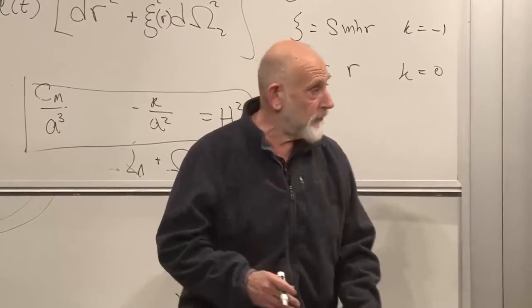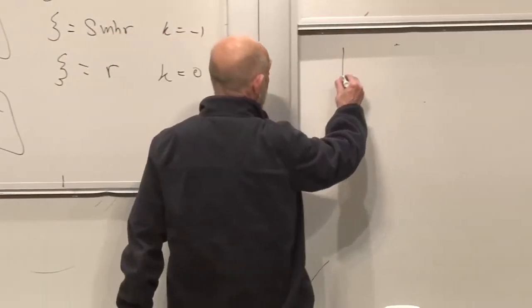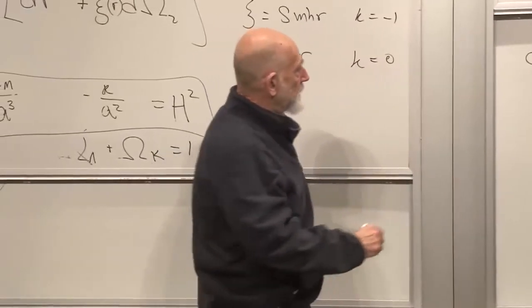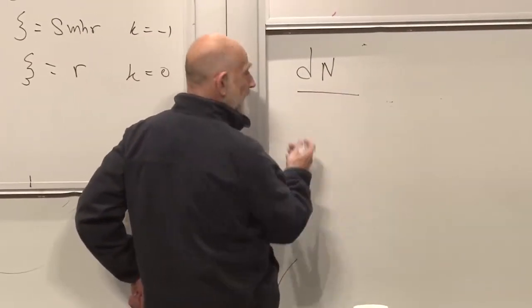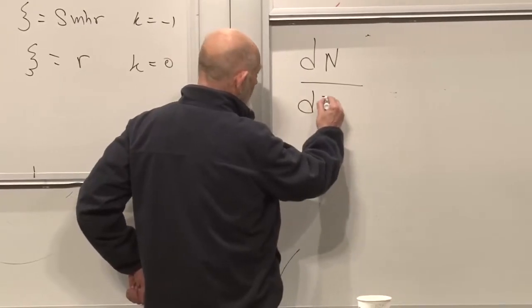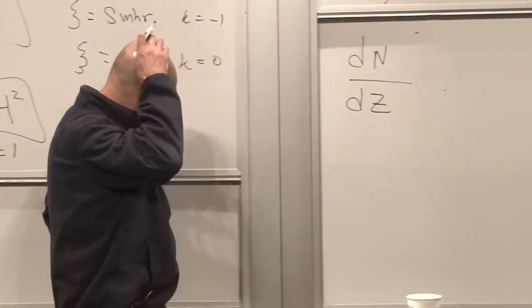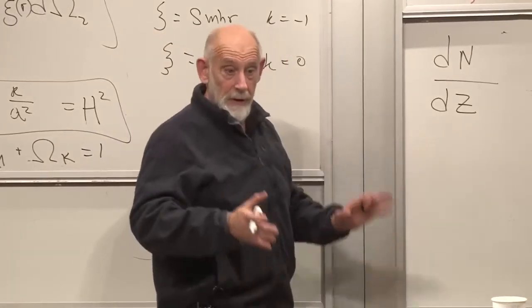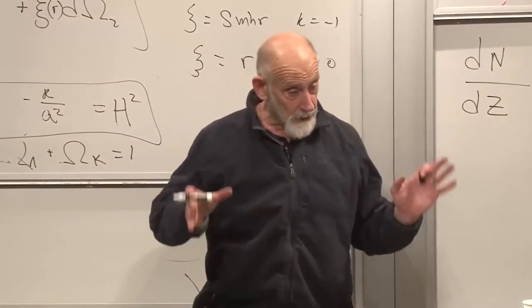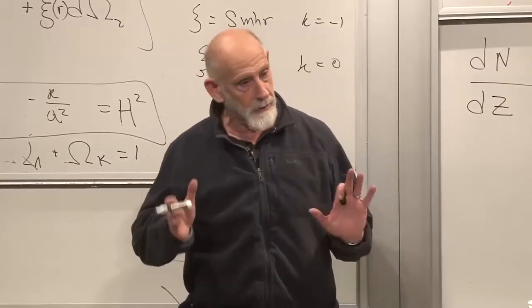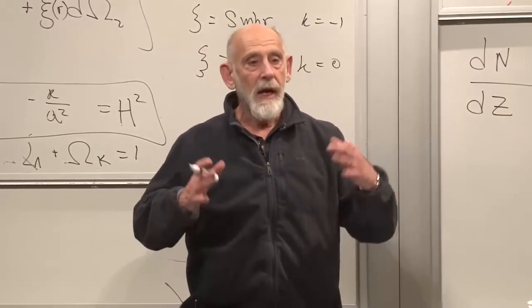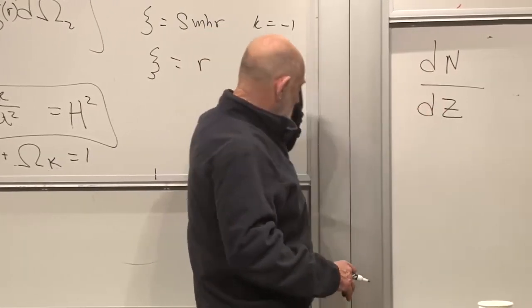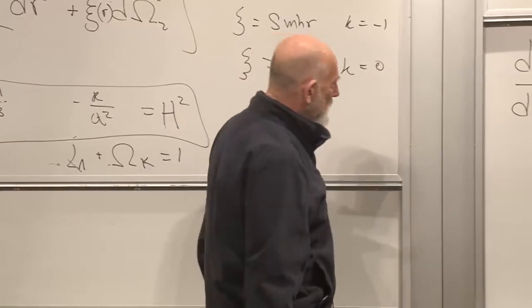What is the number, let's call it dn, the number of galaxies within redshift z and z plus dz? The number of visible galaxies per unit redshift. That's something that surely can be measured. Look out, you see the galaxies, or whatever the standard candles are, and you count the number at each redshift. That'll give you dn dz. Let's see if we can figure out an equation for it.